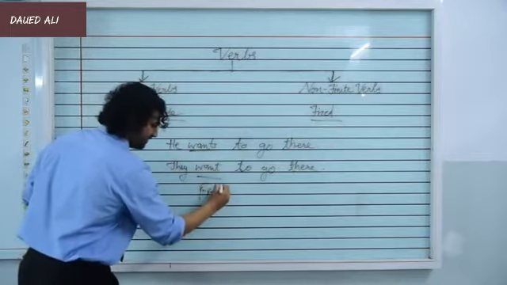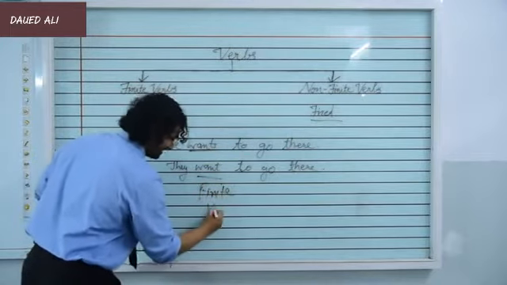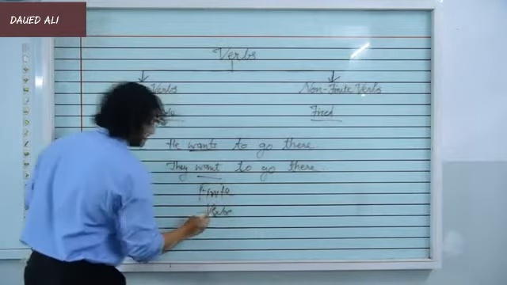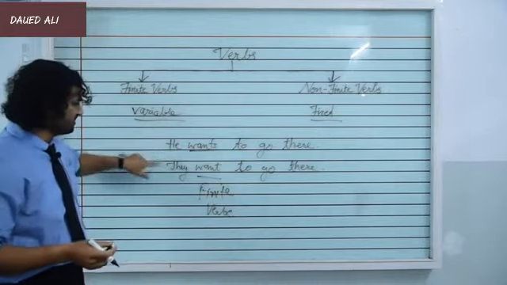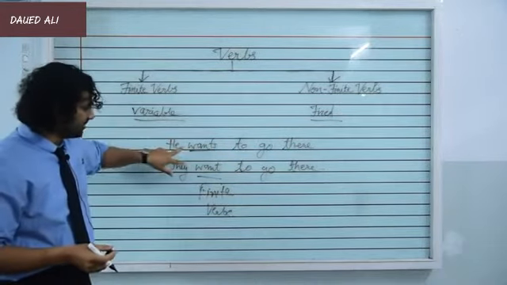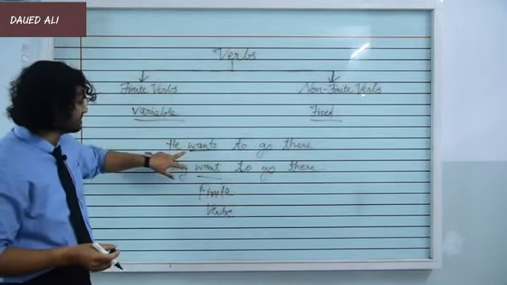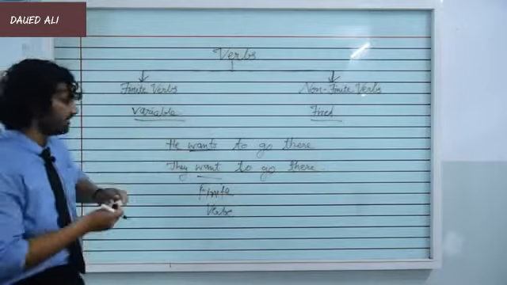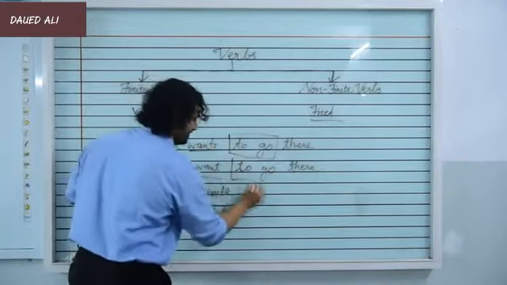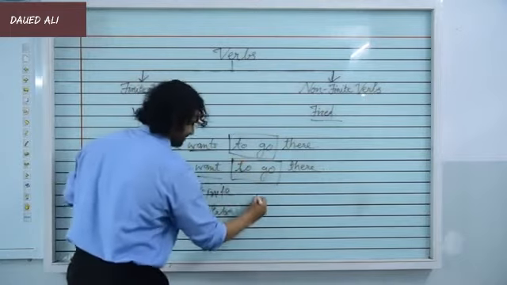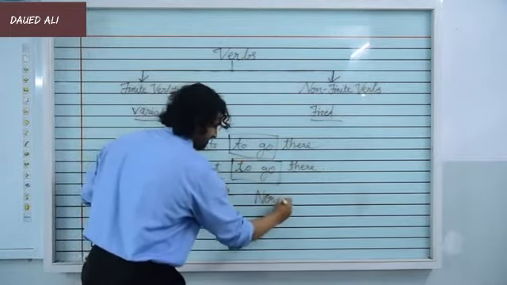Why is this a finite verb? Because this has changed. This is variable. This may change with the change in subject. He became they. So this verb also is changing with the change in subjects. While this to go remained the same. This is non-finite. Those are not affected.